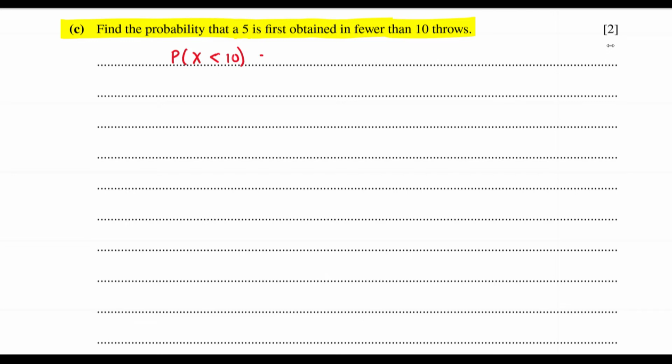So we will simply use 1 minus the probability of not getting a 5 in the first 9 throws, because if we do not get a 5 in the first 9 throws and we subtract it from 1, it means we must have got a 5 in any of the throws from 1 to 9. So it is 1 minus 5 over 6 to the power 9.